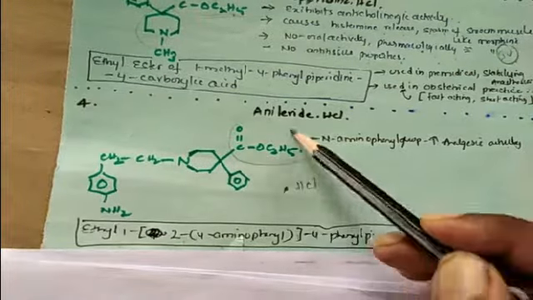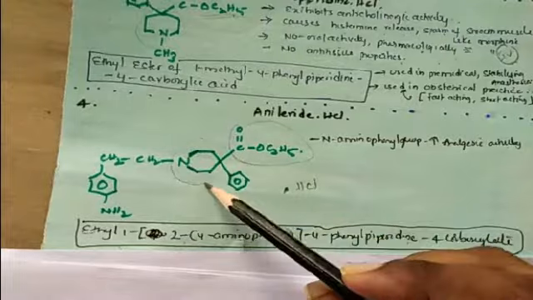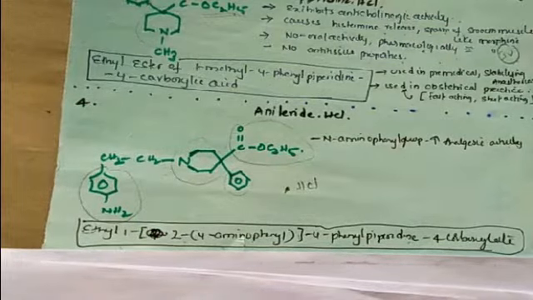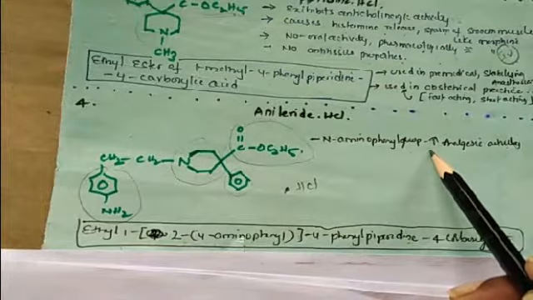This is the carboxylate part of the molecule. This is the piperidine. This is the fourth position, it has 4-phenyl. On the first position it has the ethyl part, the 4-aminophenyl.